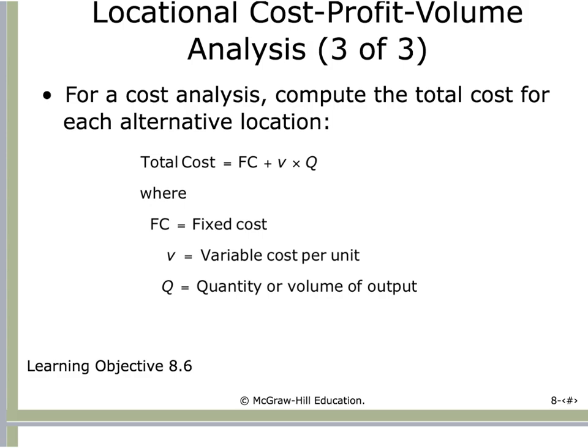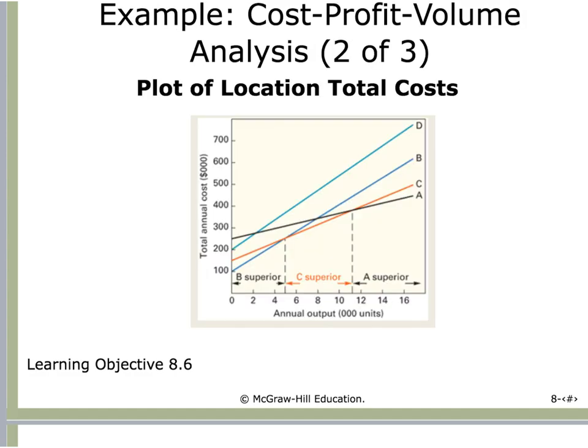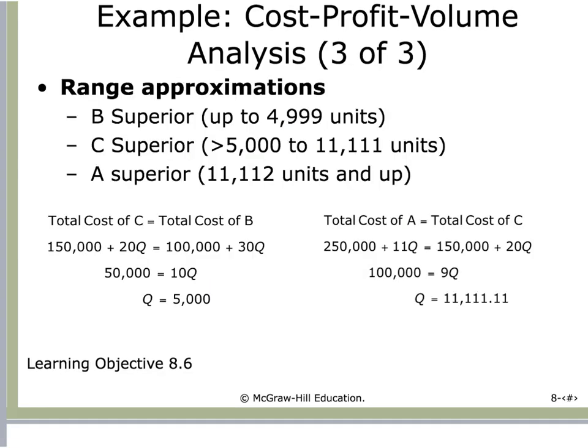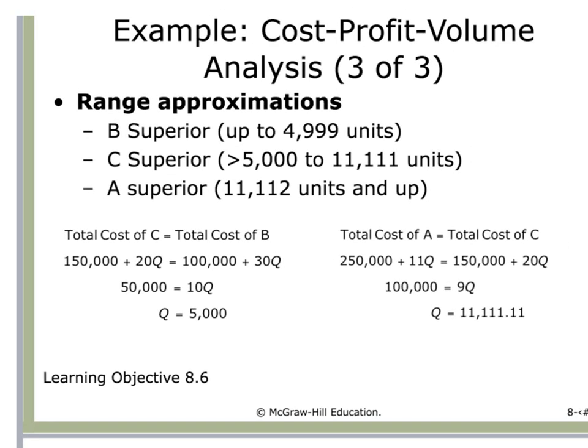And there are several examples here which you can go through on your own. Try and determine what's the best location. Here it is. For location C, your fixed cost is $150,000.